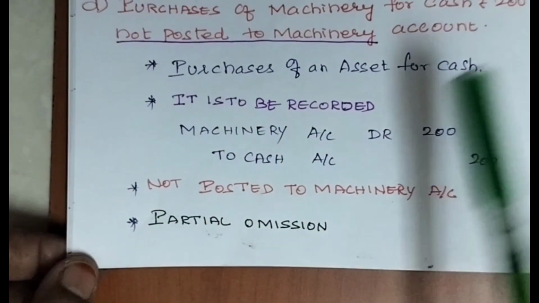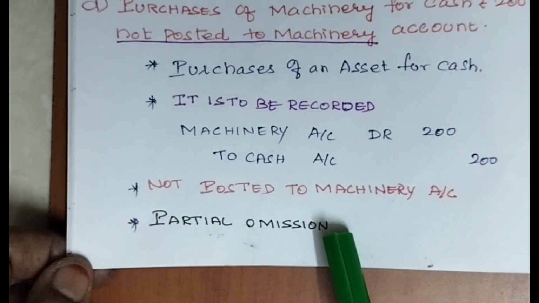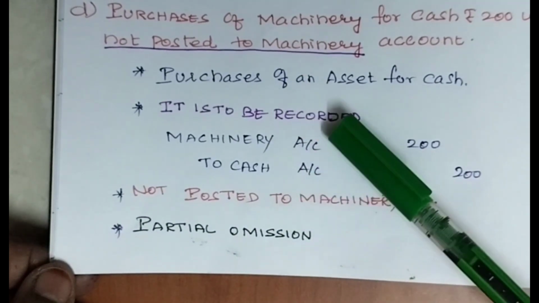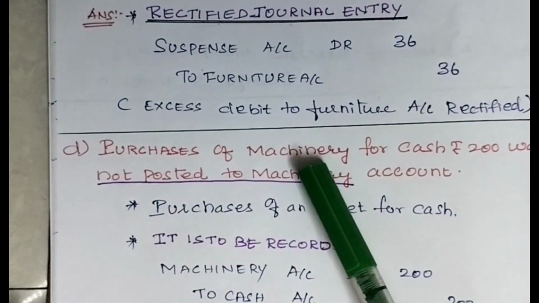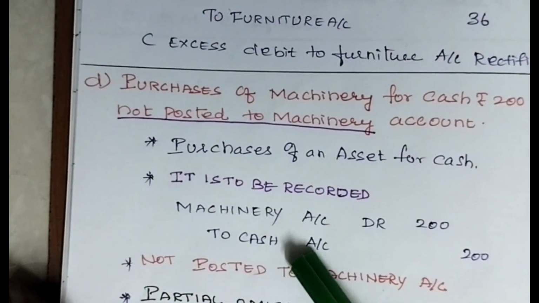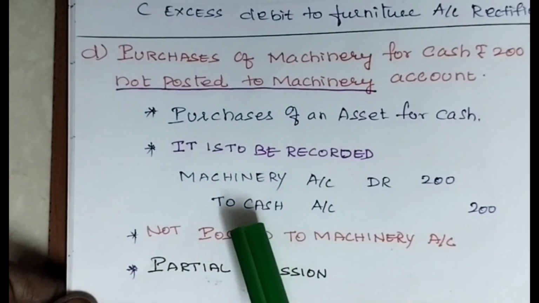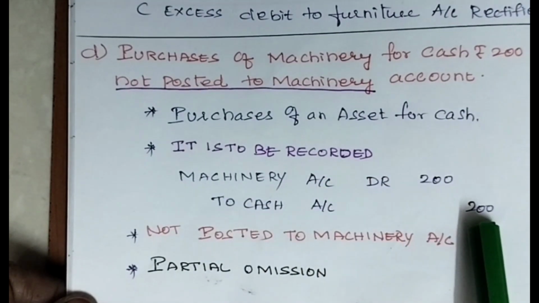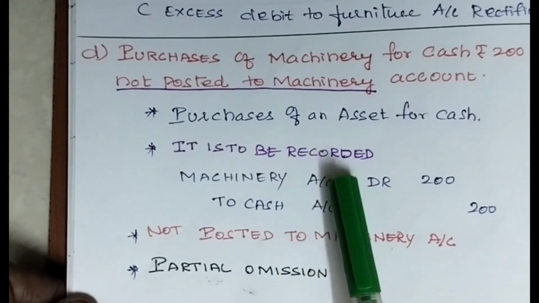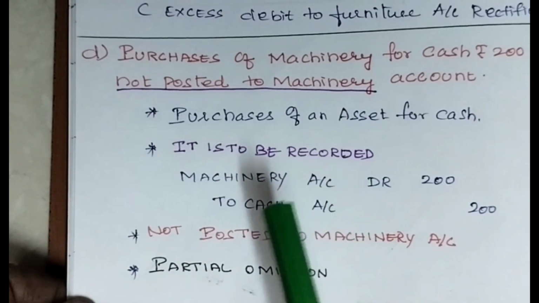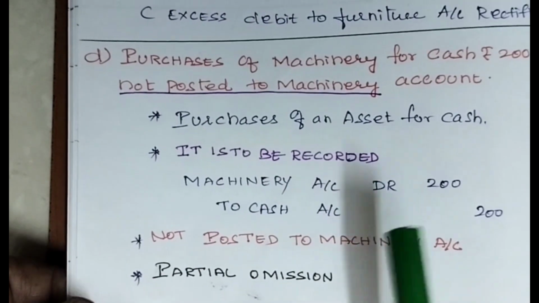That is called partial omission. Two accounts are involved in this transaction. The accountant correctly posted the cash account 200 rupees, but omitted to enter the machinery account.